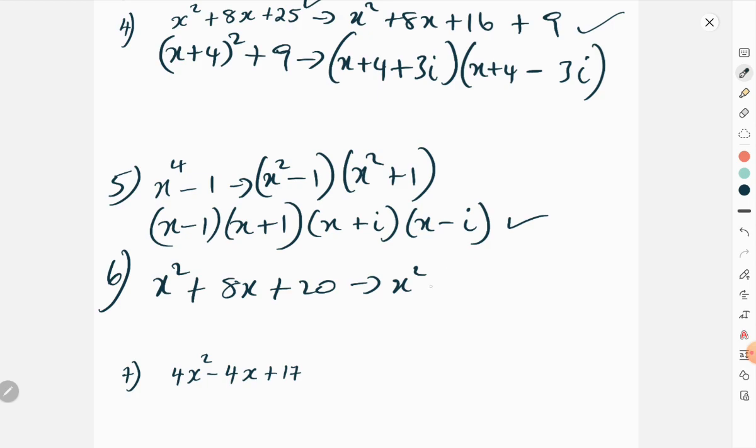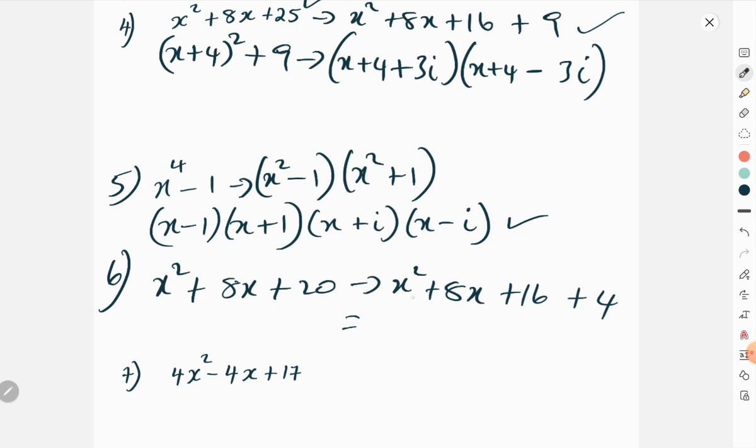So we have x squared plus 8x. Then in order to simplify this, we can write 16 plus 4, because 16 plus 4 is of course 20. So we haven't changed our expression. It's just breaking down that constant term into 16 plus 4.